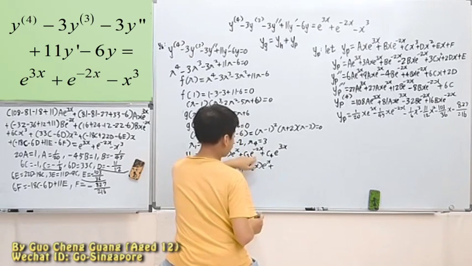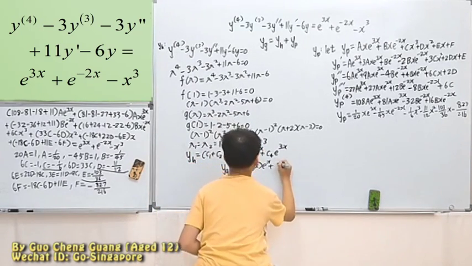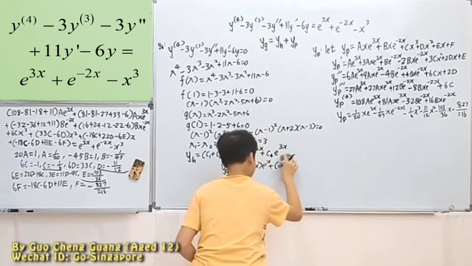For example, here e to the power of negative 2x, you also can choose that.